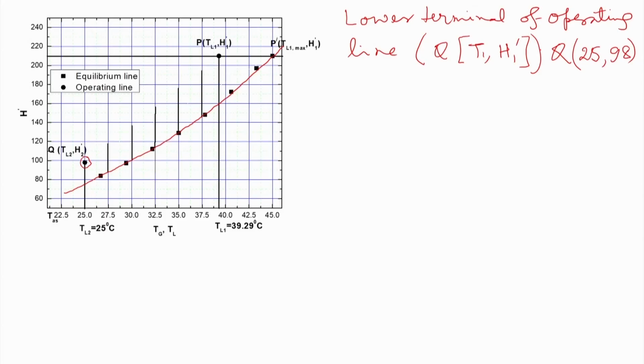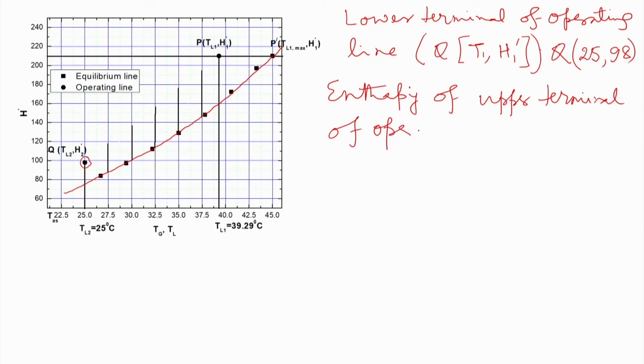So, the enthalpy of the upper terminal of the operating line is 210 kilojoule per kg.